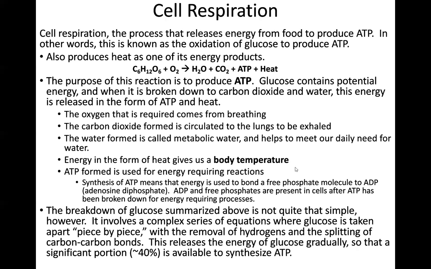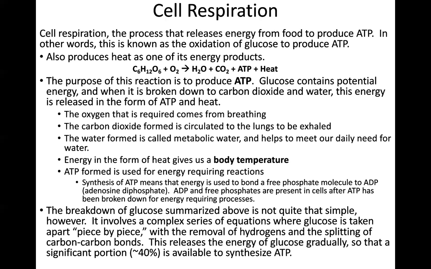Okay. And as I said, the energy in the form of heat gives us body temperature, but the true reason why we do all this, and the most important aspect of it, is the ATP that's formed, which can then be used for any energy requiring reaction. And think about all the different things we've talked about this semester that require energy, whether it be muscle contractions, which we learned about not too long ago, where it changes the position of the myosin head so that it can flex and pull on the thin filaments.